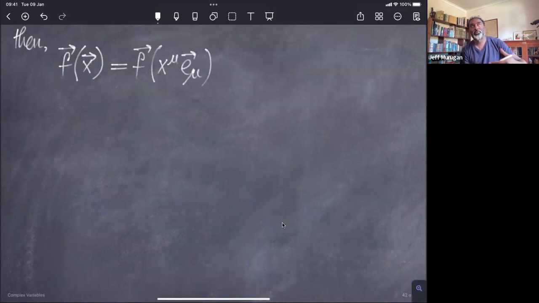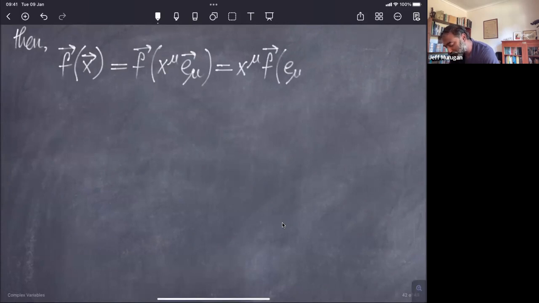The linear map of covectors doesn't act on the components. It only acts on the vectors. And the vectors in any vector expansion are the basis vectors. So what that means is, because this is a linear map, I can pull out the X mu's, and F acts simply on the basis vectors E mu.